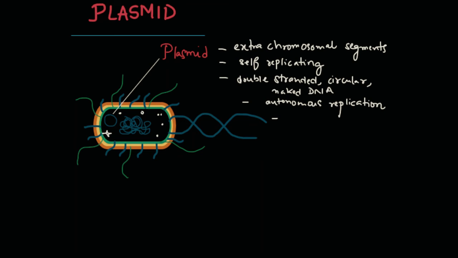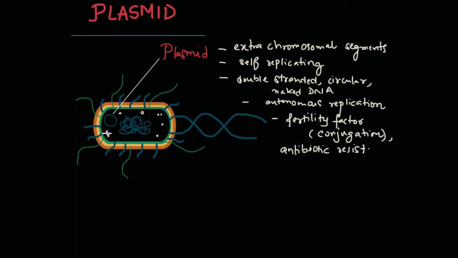Plasmid contain important genes for various factors like fertility factor. Prokaryotic cells containing genes for fertility factor take part in bacterial mating, that is conjugation. Other important genes that are present in plasmid are the genes for antibiotic resistance.